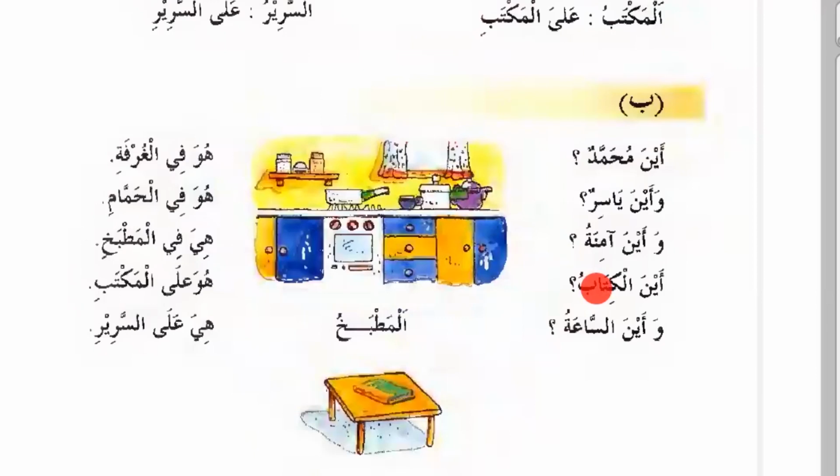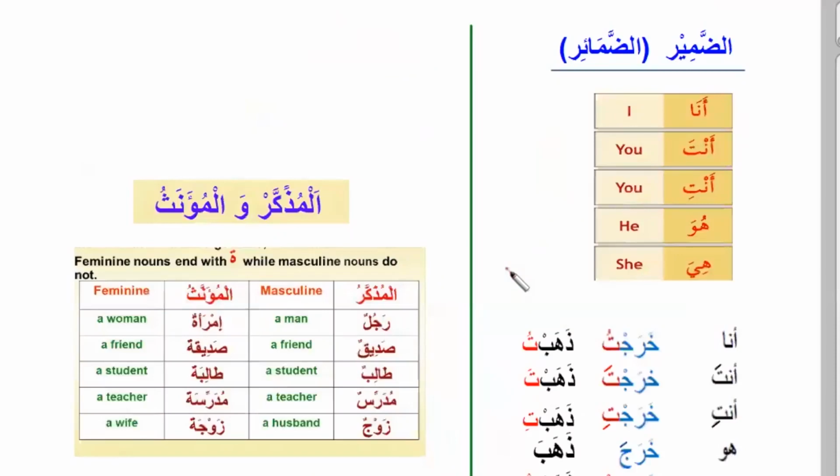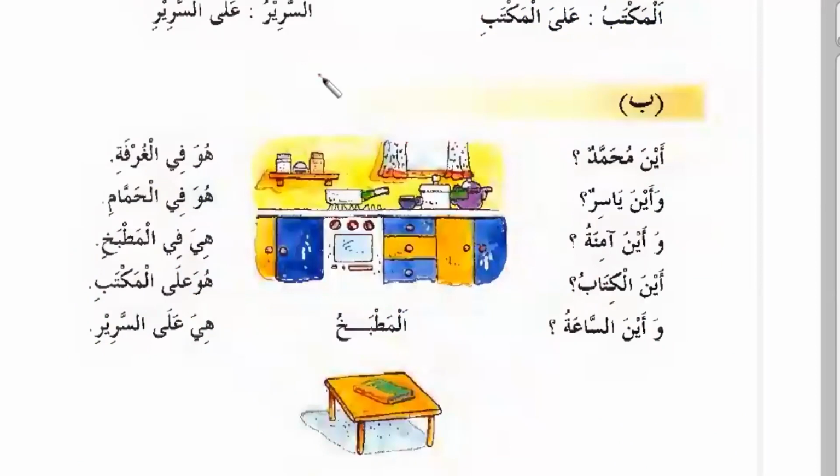These pronouns, huwa and hiya, are for both rational and irrational things. I hope that is clear.